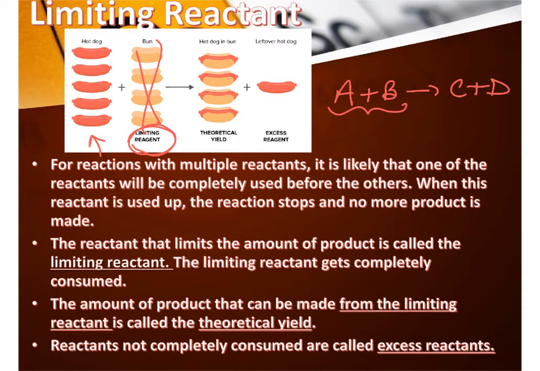So the limiting reactant is basically the weak link. It's going to determine everything. It's going to determine how much product you make. And so the amount of product that the limiting reactant is capable of making, if fully converted, is called theoretical yield. Okay. So those are two vocabulary words you need to be real comfortable with, okay?